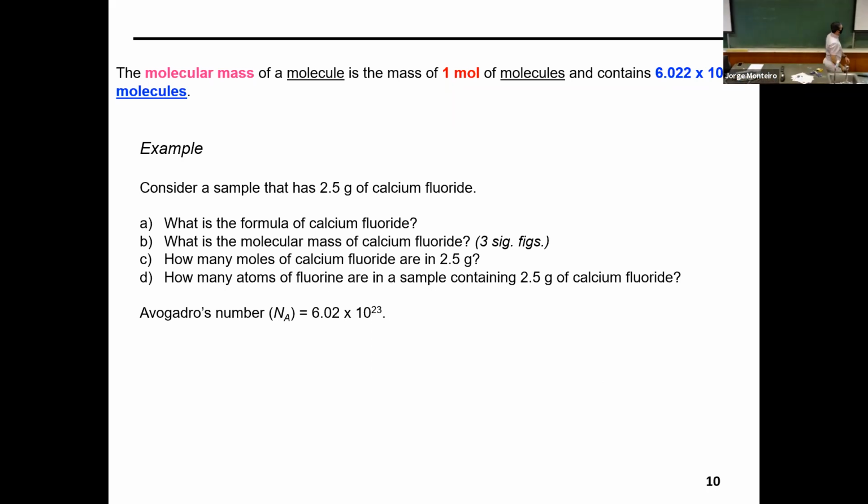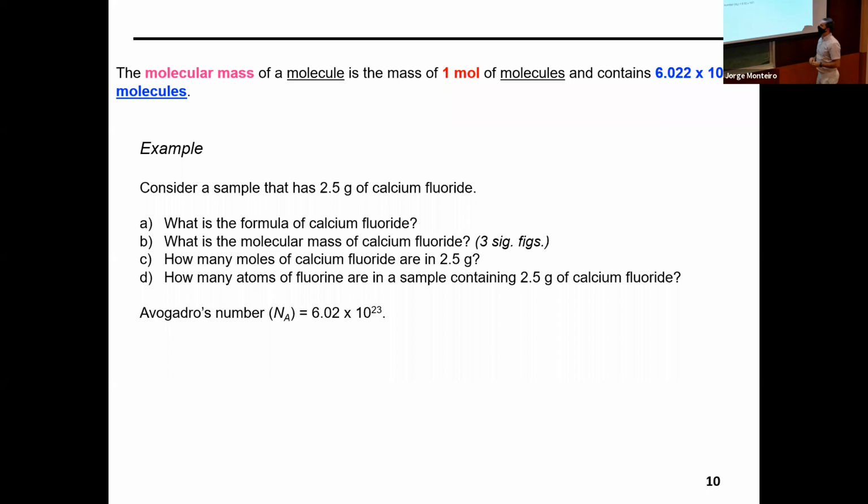Be careful here. The problem asks for 3 sig figs, so that's why I stopped at 1 decimal spot. The molecular mass means that in 78 grams of calcium fluoride, we have 1 mole of calcium fluoride. So that's the correlation.